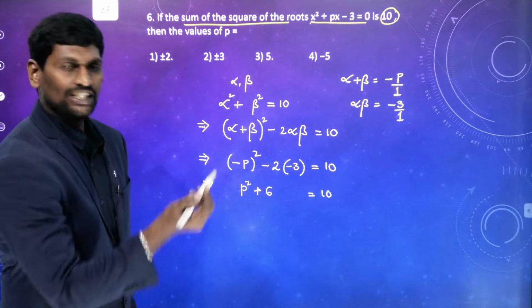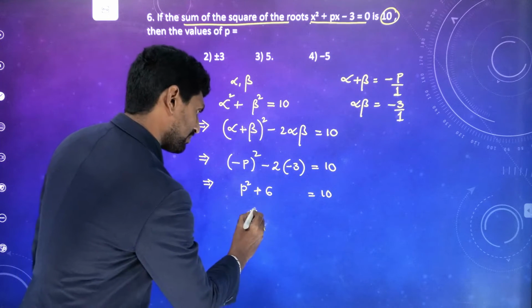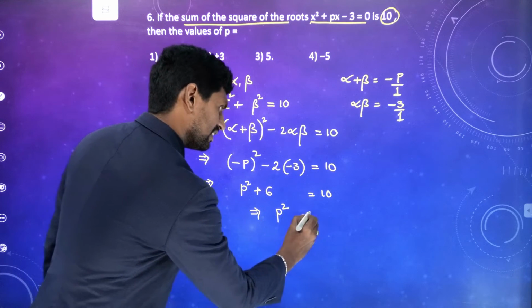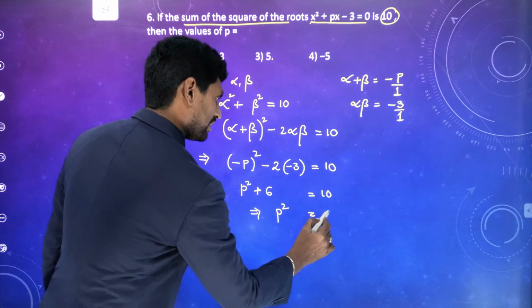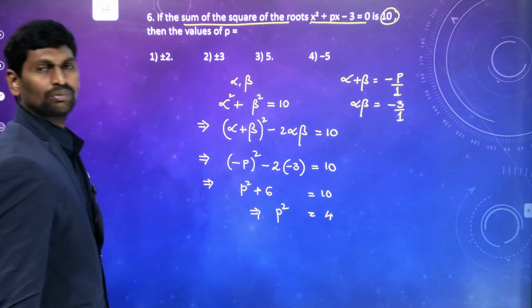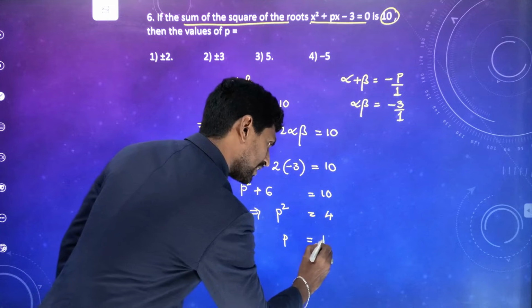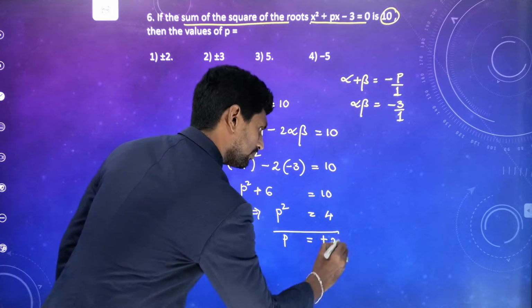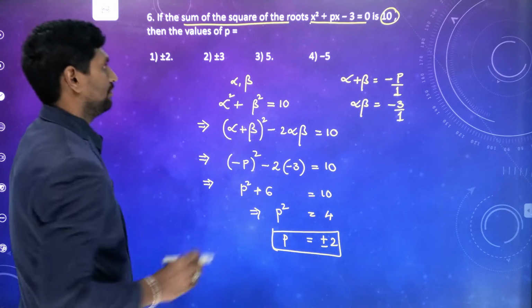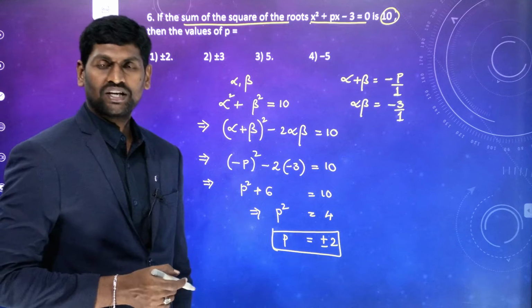Now plus 6 transposed to that side becomes minus 6. So 10 minus 6 is nothing but 4. Therefore p value is plus or minus 2.